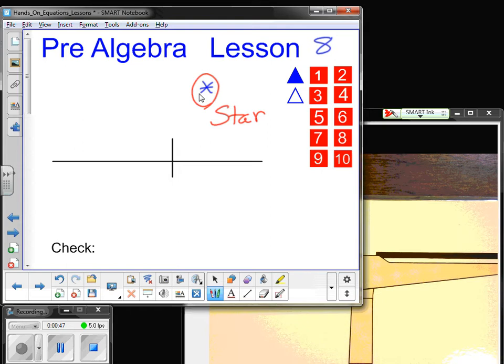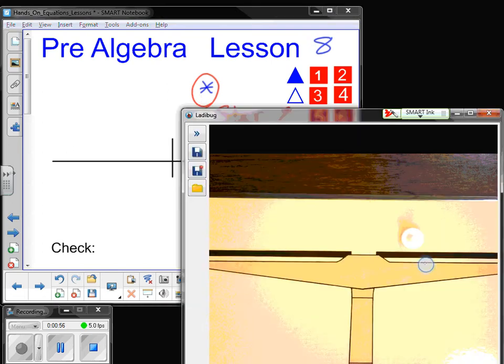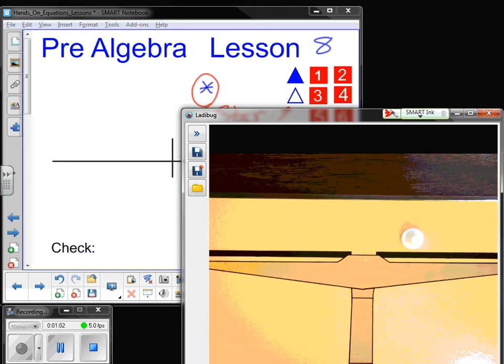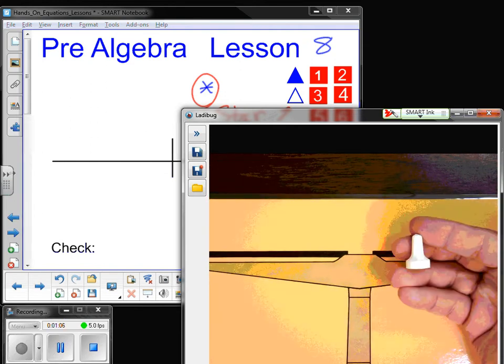Star, if I'm going to draw it by hand, is going to be an empty triangle. If I'm going to put it on the grid, I'm going to use the white. That's going to be tough to see now. I'm going to use the white peg. So the white peg is star.